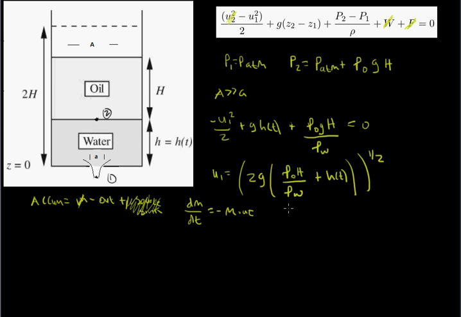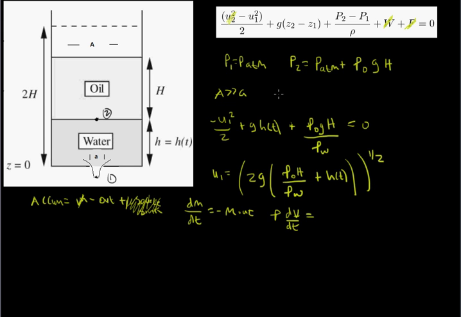The density of the water is constant, so I can pull the density out in front: rho dV/dt is equal to the negative mass leaving, which is the flow rate multiplied by the density of the water. So the flow rate is going to be equal to Q, and let's look at a continuity expression.